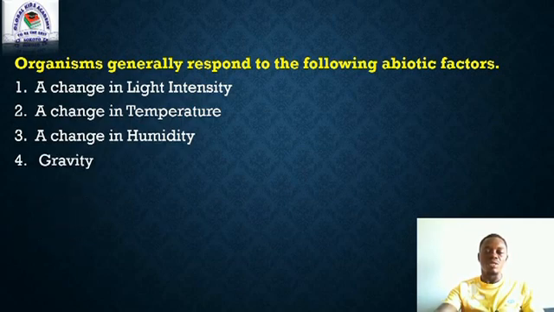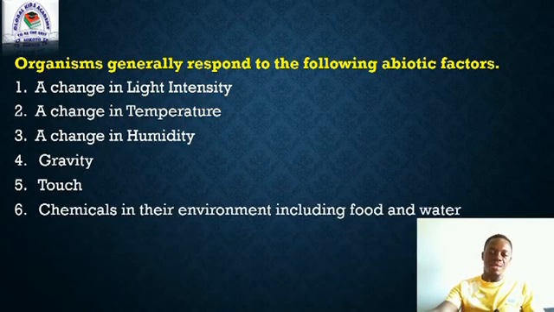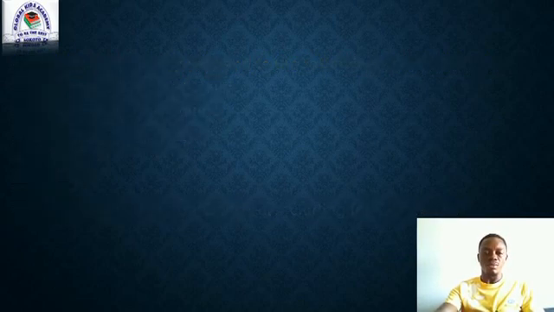Temperature is the degree of coldness and hotness of an area. Gravity, touch, chemicals in their environment, including food and water. These are the abiotic factors to which an organism responds.